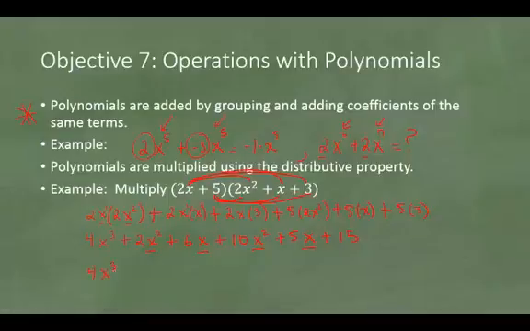Then we're going to move on to the next biggest one, x squared. 2x squared plus 10x squared is 12x squared. 6x plus 5x is 11x. It's a good idea to cross out the things you're done with as you're working them. And then we're left with 15. And we're done.